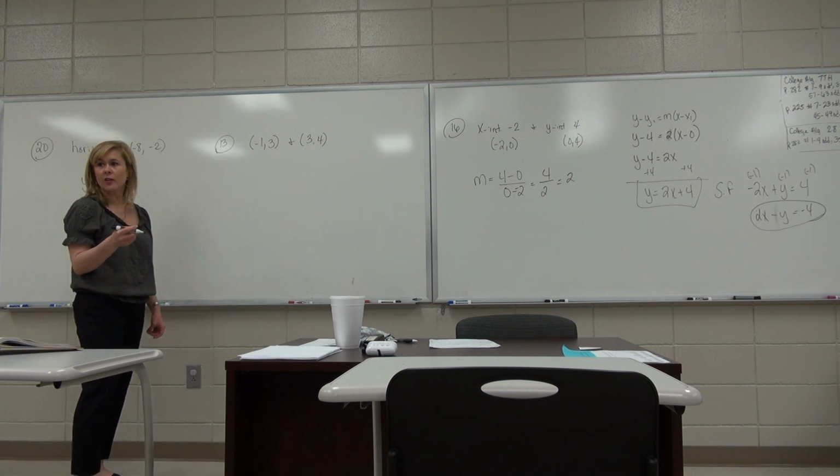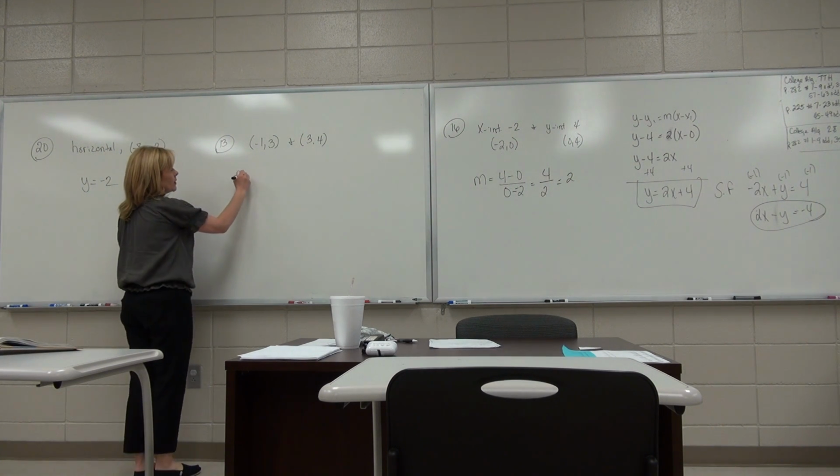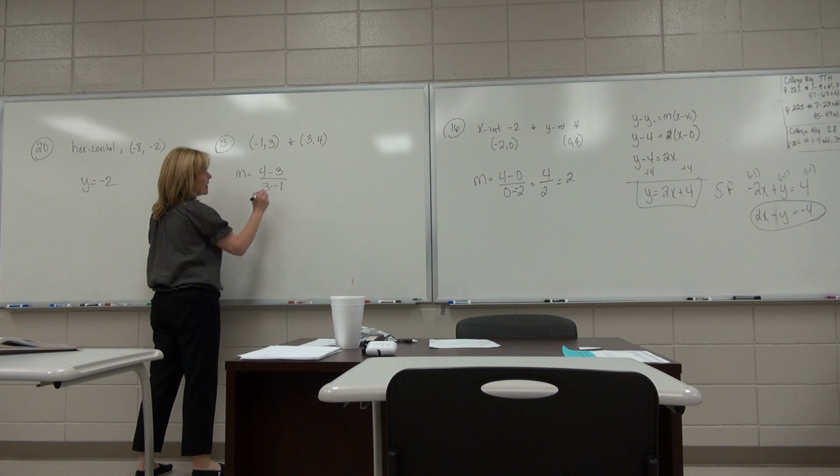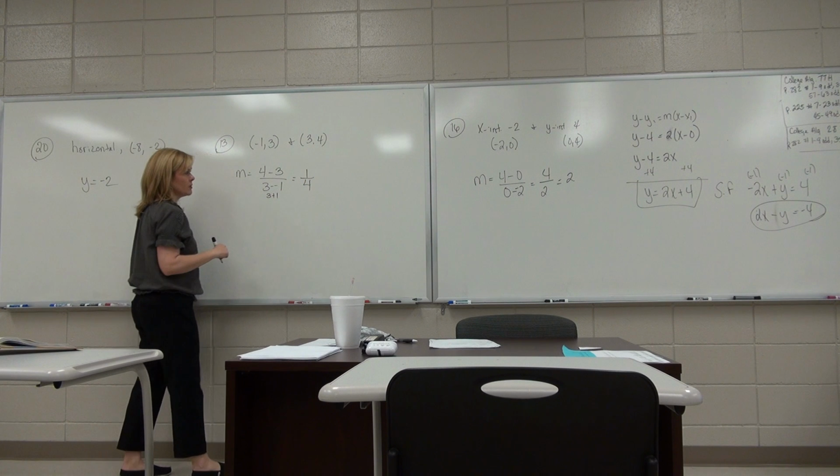We need to find the slope first, right? The slope would be 4 minus 3 over 3 minus a negative 1, which is really 3 plus 1. So I get a slope of 1/4.